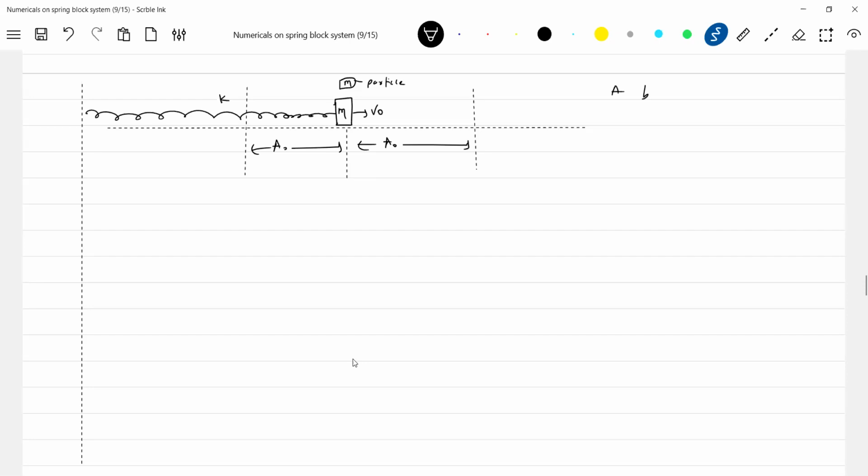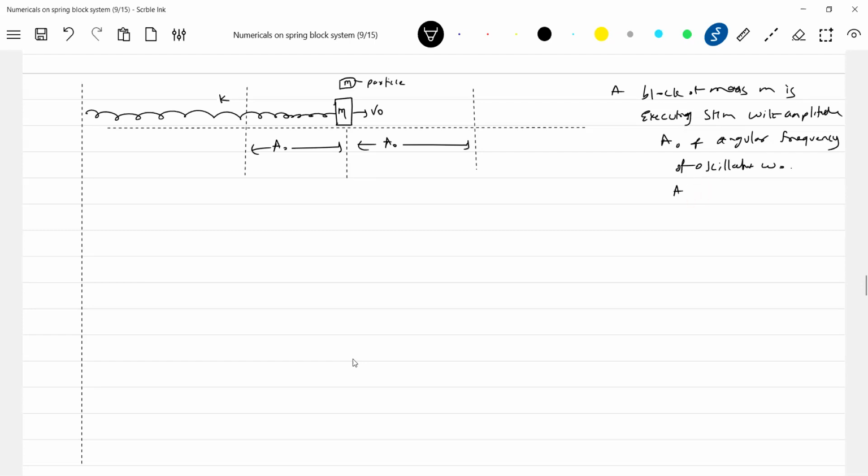So what is the question? A block of mass m is executing SHM with amplitude A naught and angular frequency of oscillation omega naught.